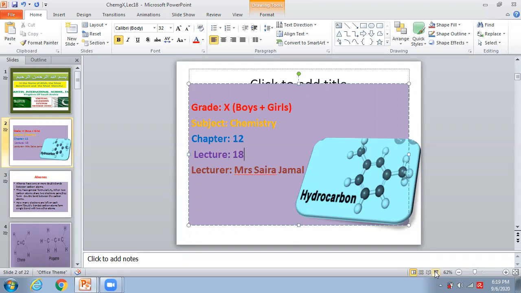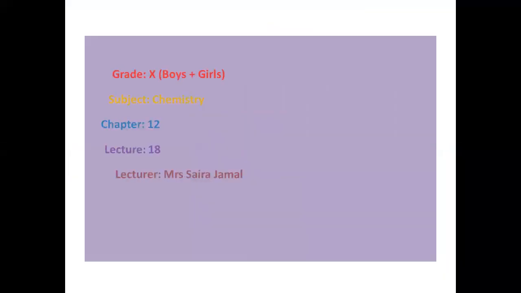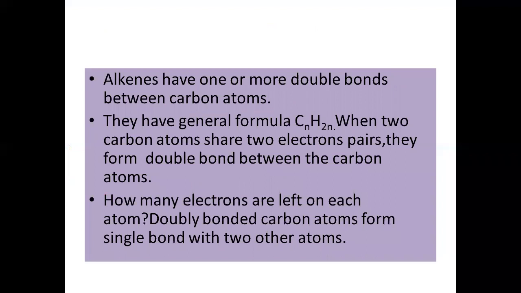I told you that alkenes have two hydrogen atoms less than alkanes. The general formula for alkanes is CnH2n+2, while the general formula for alkenes is CnH2n, which is two hydrogens less than alkanes.